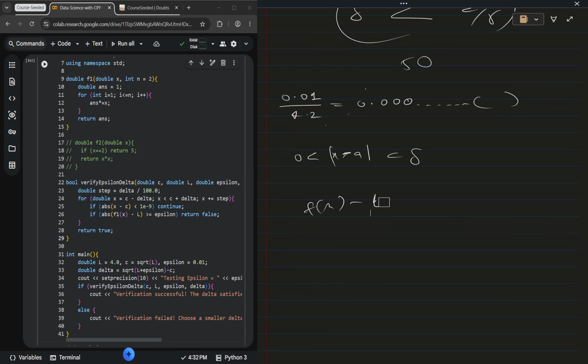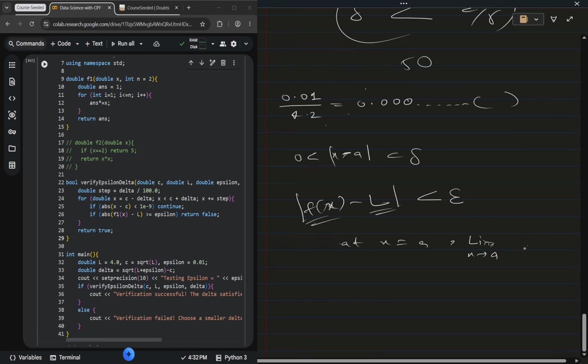And you have this f(x) minus L. So you know what your limit of f(x) was? It was basically x square. So at x equals a, L equals a square. The limit of f(x) as x tends to a, you don't have to take the limit, you just have to take f(x) only.